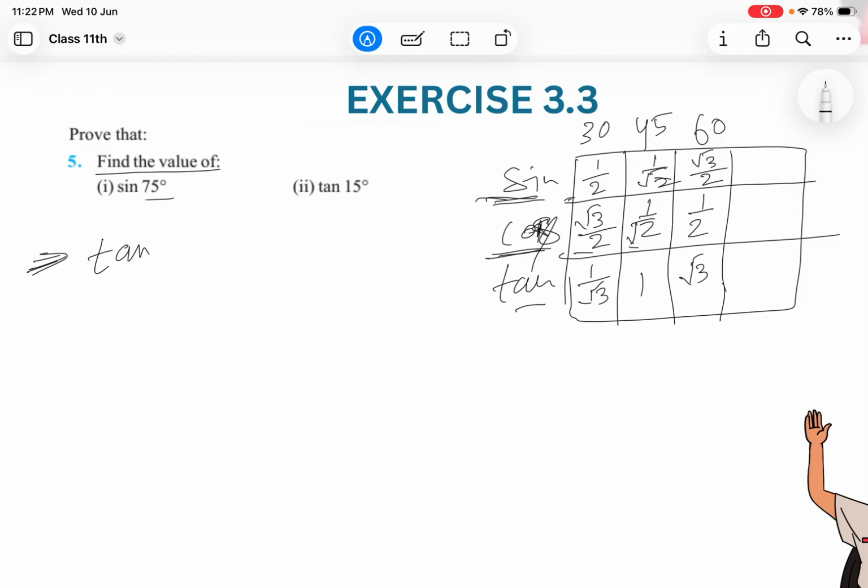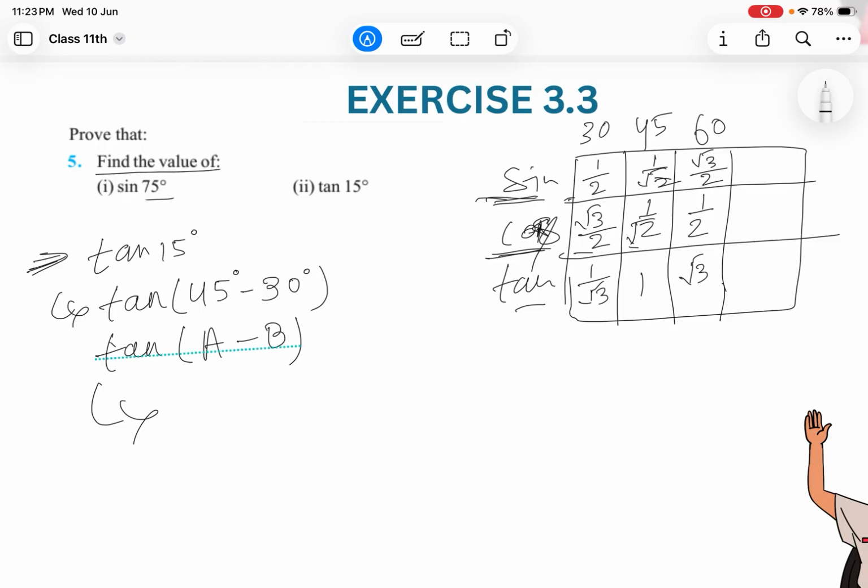So here we have tan 15 degree. We can also write it as tan of 45 degree minus 30 degree, because we know the values of tan 45 degree and 30 degree. So this is in the form of tan a minus b, right?